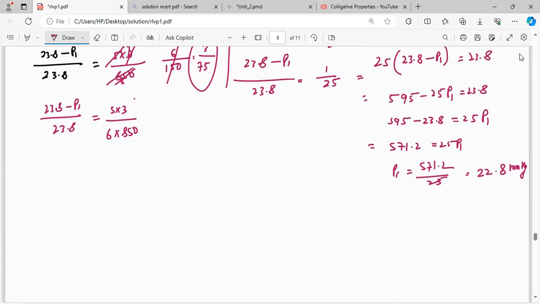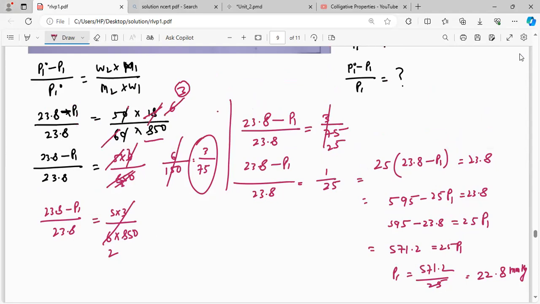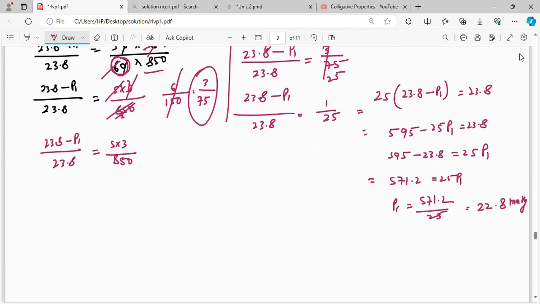Sir, from where are you getting this 6? Cancel, no? 5 into 3, that is correct, divided by 850. This is now correct, na? Yes, sir. Now correct.